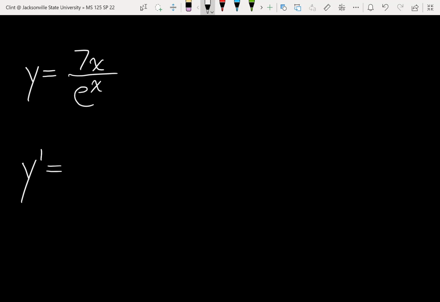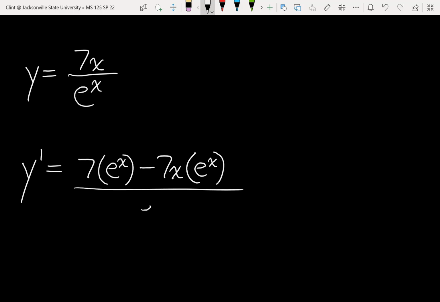So doing quotient rule: derivative of the top times the bottom minus the top times the derivative of the bottom over the bottom squared. That's our derivative.